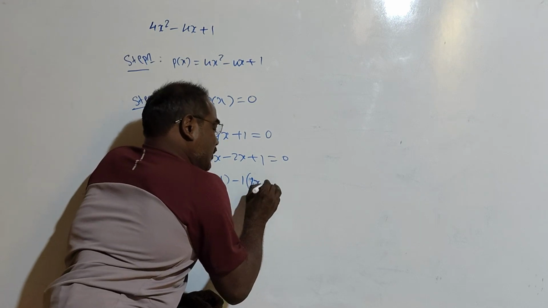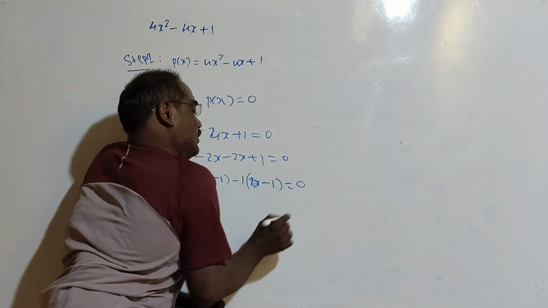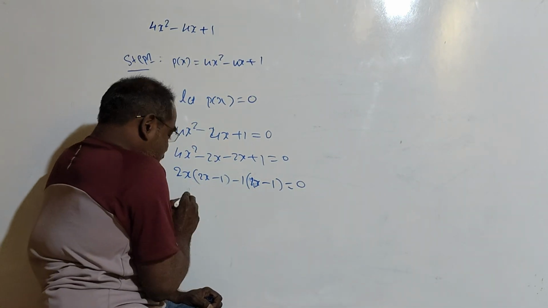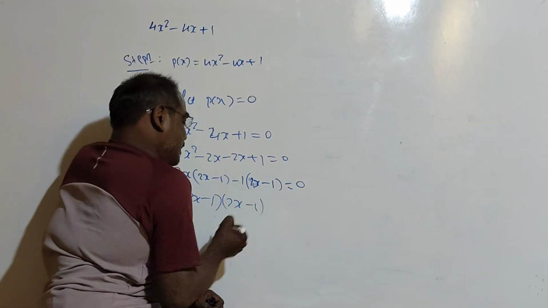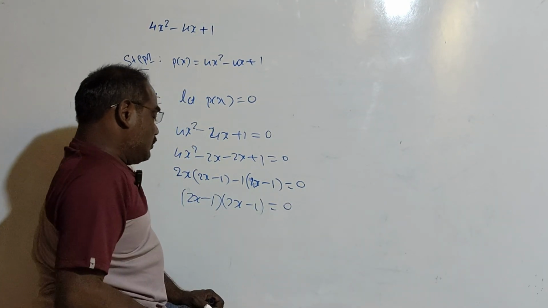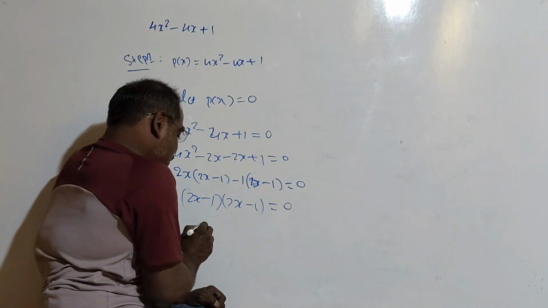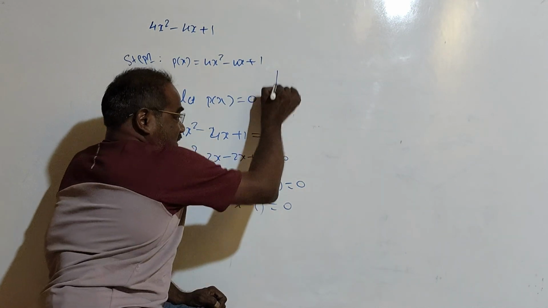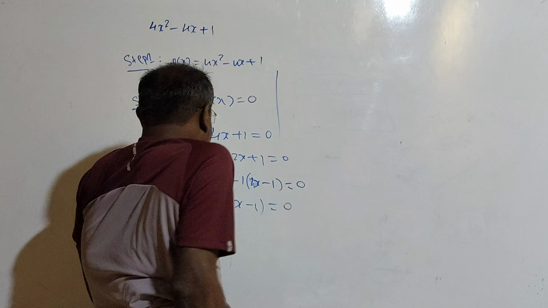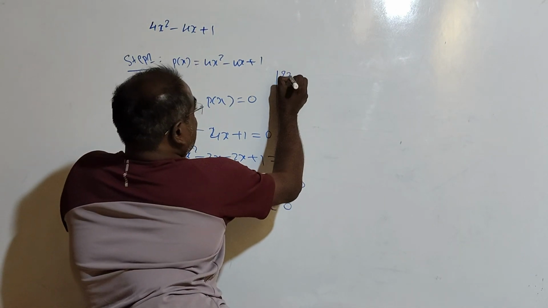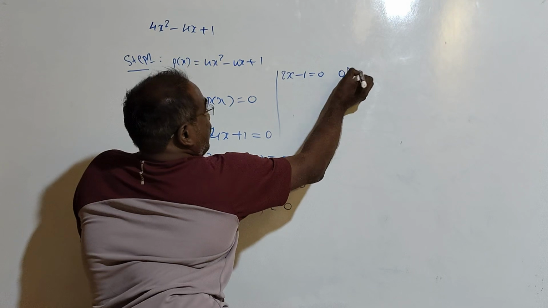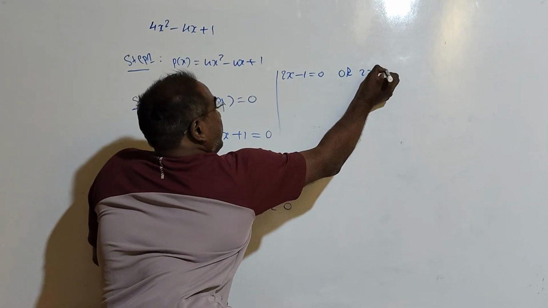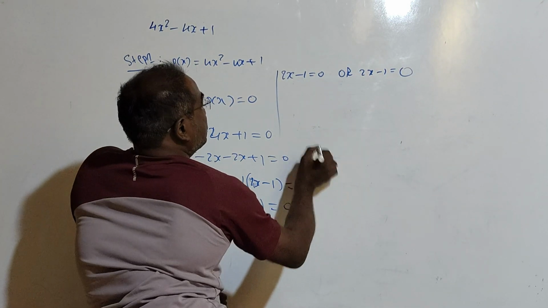In this bracket, it will remain 2x minus 1 equal to 0. So 2x minus 1 is common. So then 2x minus 1 is equal to 0. If I split this, it will become 2x minus 1 equal to 0 or 2x minus 1 equal to 0.